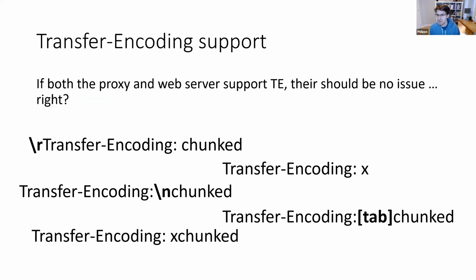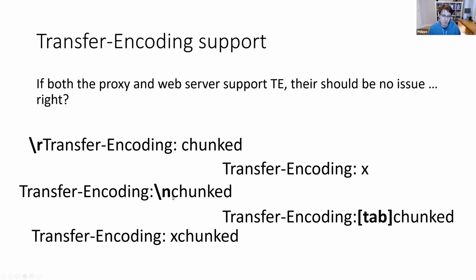What are some of the other variants that were found? Some of those were found by James Kettle. Many backend implementations, when they just saw transfer encoding, didn't look at whether it was chunked or not, or by default they would fall back to chunked if it's not something that they recognize.